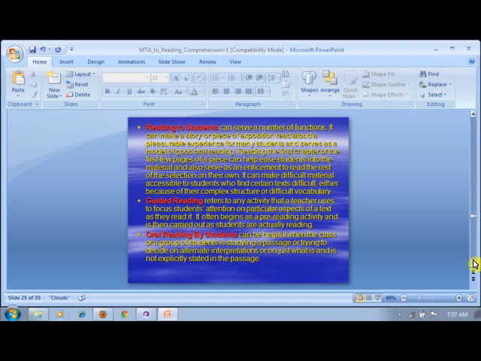It can make difficult material accessible to students who find certain texts difficult, either because of their complex structure or difficult vocabulary.